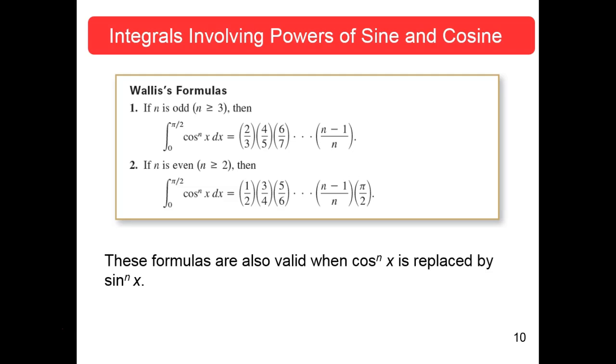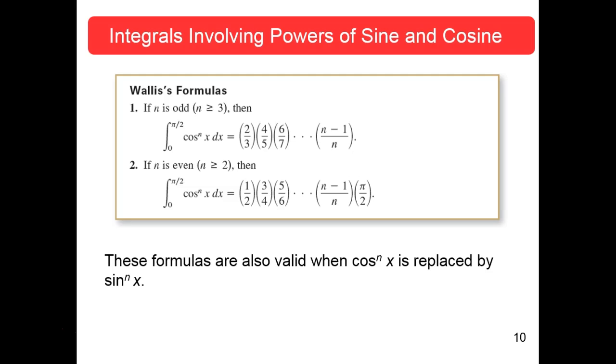You start at 2/3, because n has to be greater than or equal to 3. So when it's equal to 3, it's 2 over 3, n minus 1 over n. And then n is odd, so the next one, if n had been a 5, would have been 4 over 5.